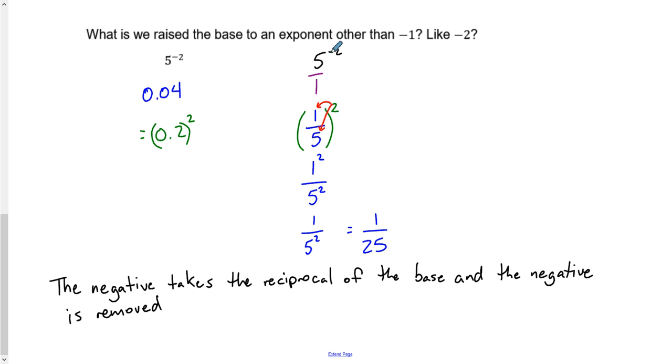Which means as soon as we take this reciprocal, only the negative is gone. We've taken this 5/1 to become 1/5, the negative is gone. Then we have to go to our other exponent laws. For example, this power of a quotient means that we have to distribute our exponent onto the numerator and onto the denominator.